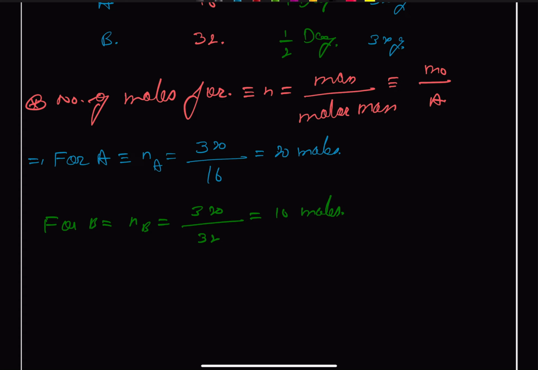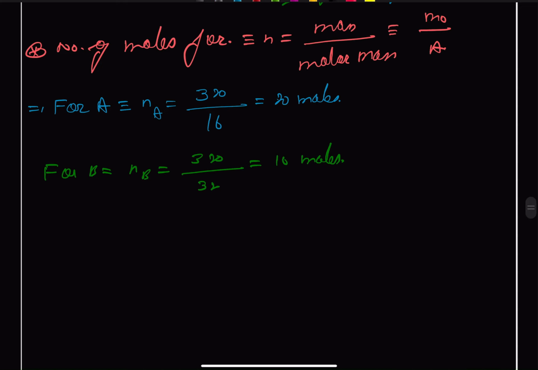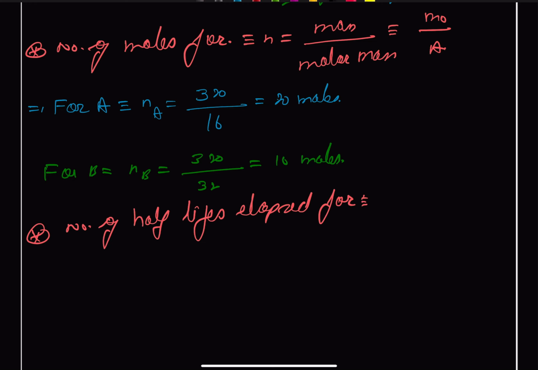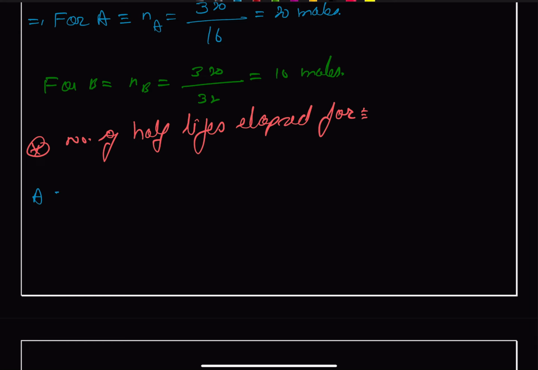And now we can find out the number of half-lives elapsed for each, because finally the total time elapsed is T. So the number of half-lives elapsed, let us solve it for A, and for A the formula is T upon T half.